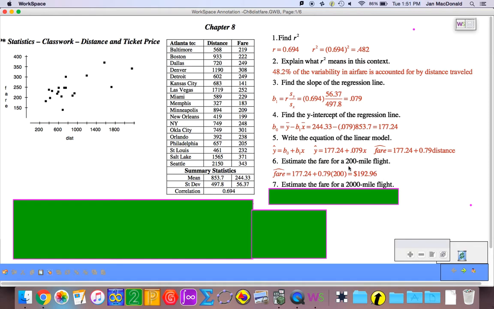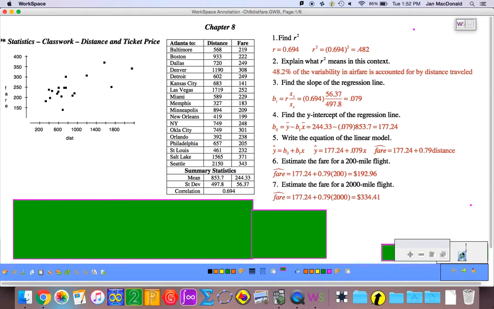And finally, question 7, estimate the fare for a 2,000-mile flight. Again, we're going to plug it in, and instead of using 200 here, we're going to plug in 2,000. $334.41.